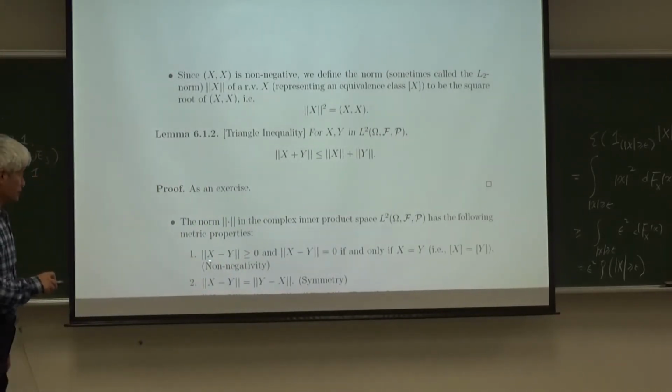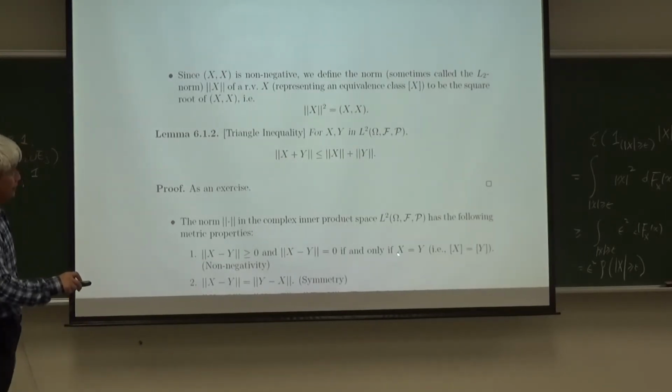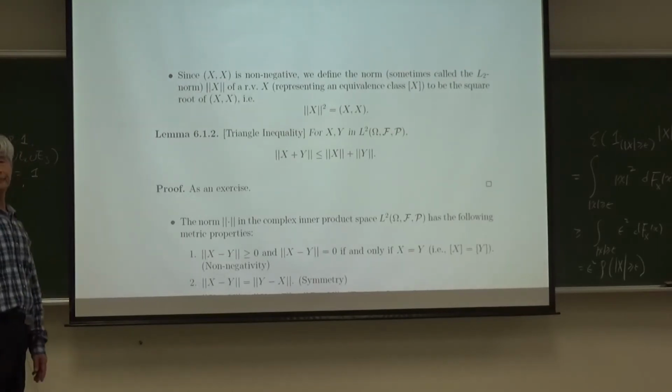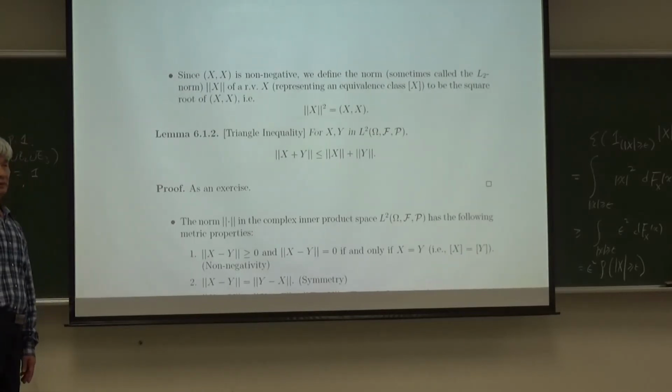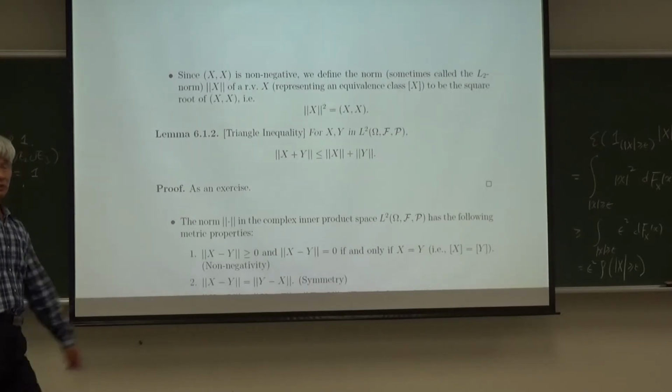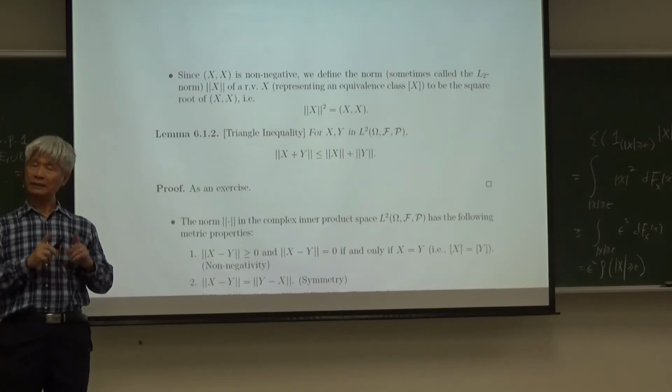Of course, the distance between two random variables should be non-negative. And the distance is 0 only if X and Y are equal. When we say X and Y are equal, it means they are in the same equivalence class, that they have the same distribution. Then their distance is 0.